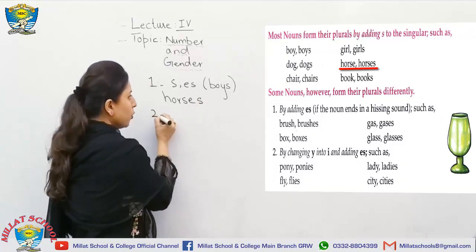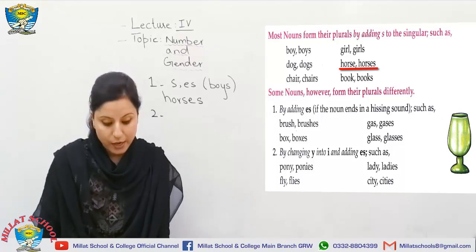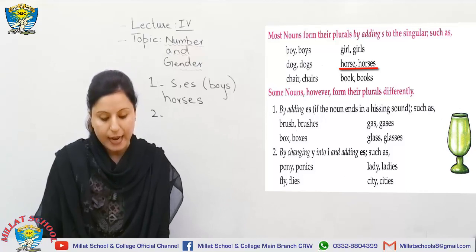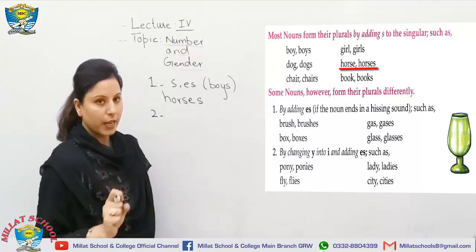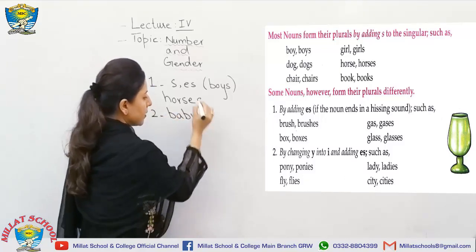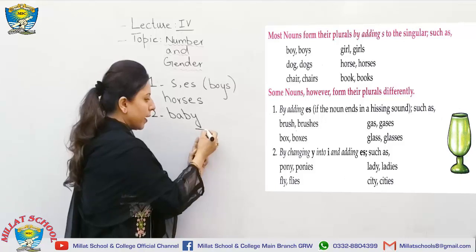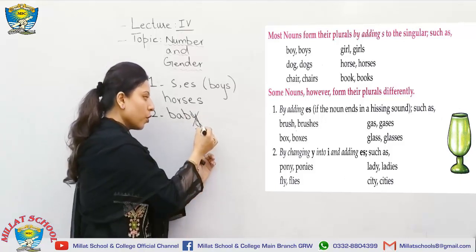The next rule of writing singular and plural is by changing Y into I and adding ES. This is a very interesting thing: if a word ends with the alphabet Y, what are we going to do? We are just going to cross it.